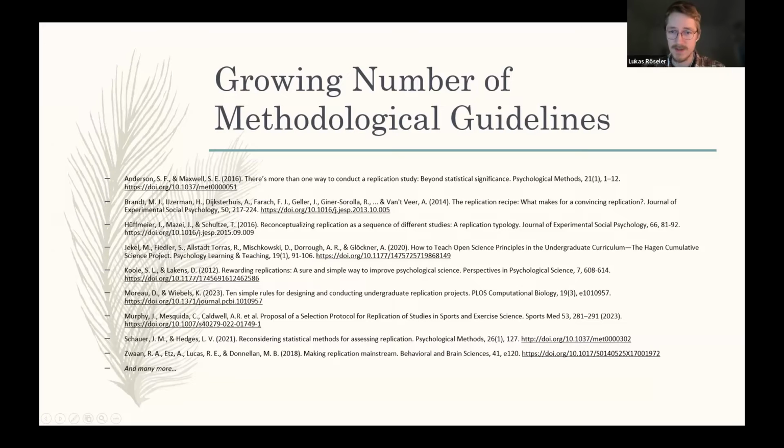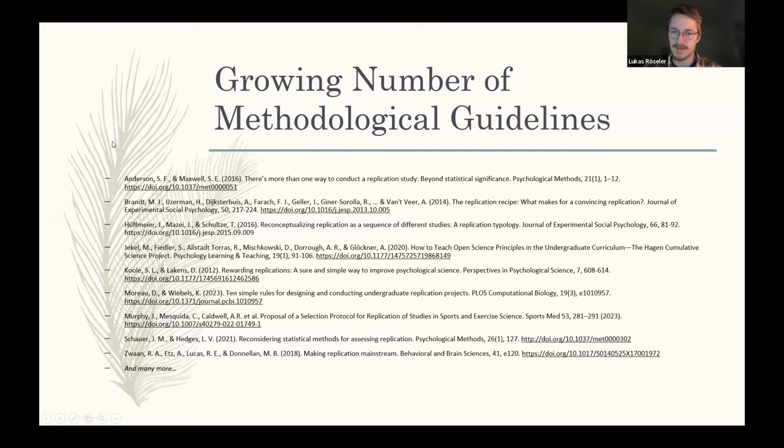And it's not only the primary replication research, but also discussions and theories about what replications are, what they are supposed to look like, and also gold standards about how to conduct replication research.